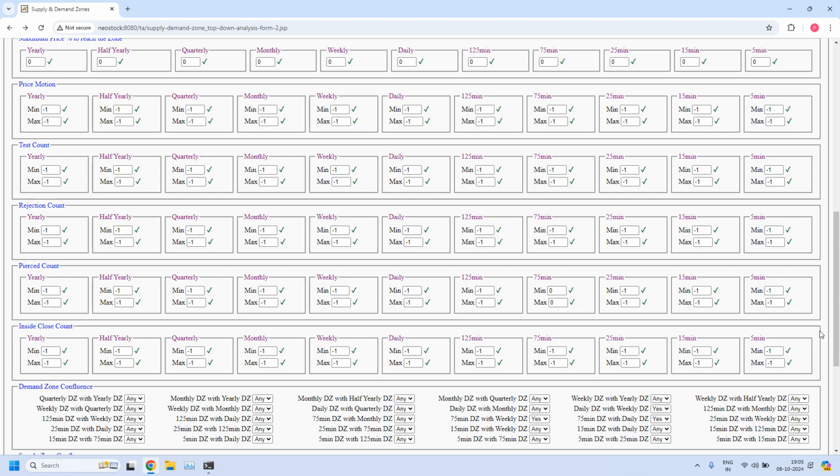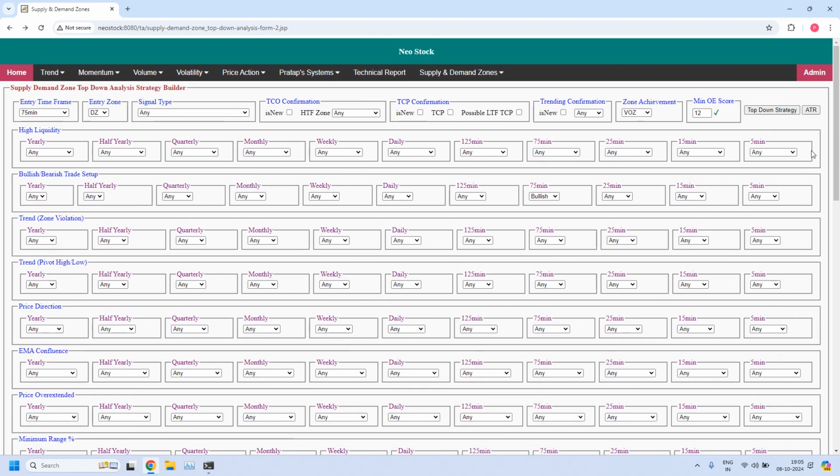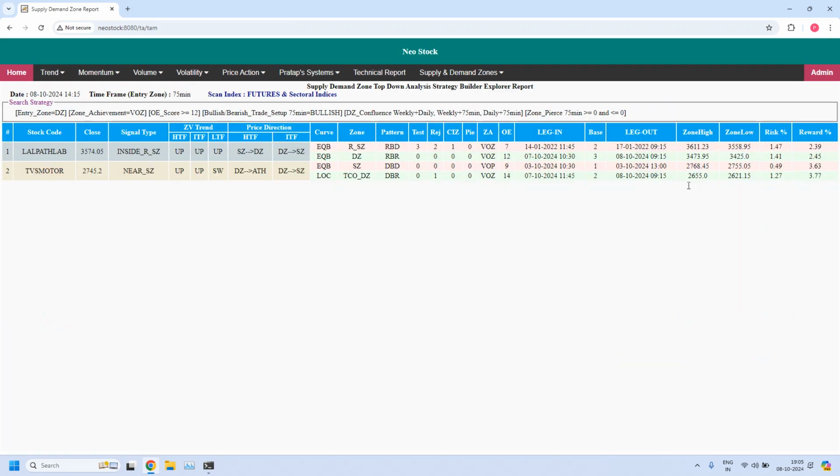With all the 3 filters, we can get LTF, ITF, HTF confluence supported stocks. 2 stocks are filtered. That means these 2 stocks are currently supporting bullish trade setup for weekly income trade, that is entry time frame 75 minutes, and the 75 minute zones are part of the daily zones and the daily trend is up, and also the daily zones are having daily EMA confluence.